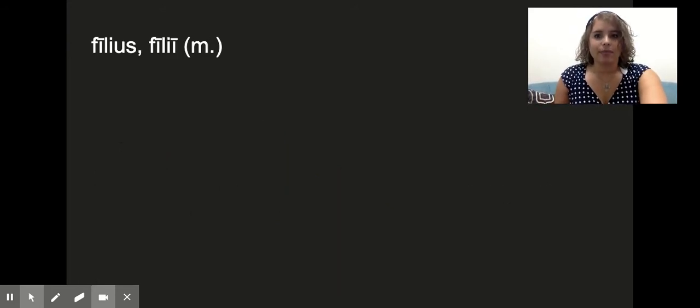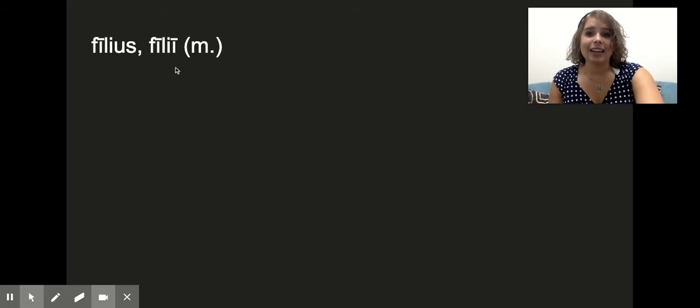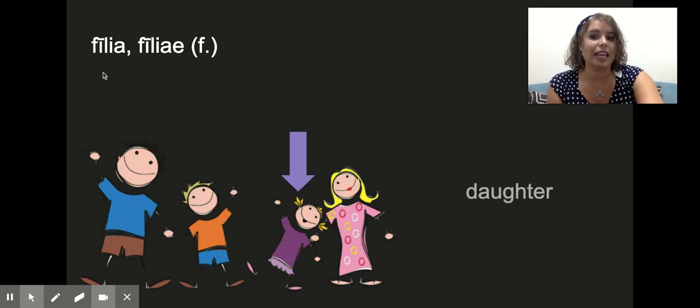Filius, filii, masculine. Now this second form is a little weird because there's two I's right next to each other. The first I is a short I, the second I is a long I, and you do pronounce them separately. Filii. So that's kind of a hard one to get used to, but filius, if you notice, looks very similar to our last word, filia.